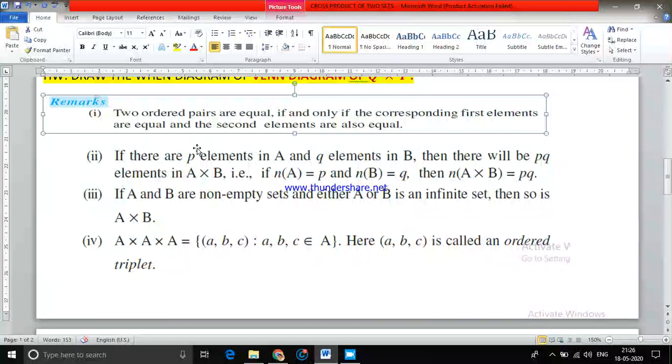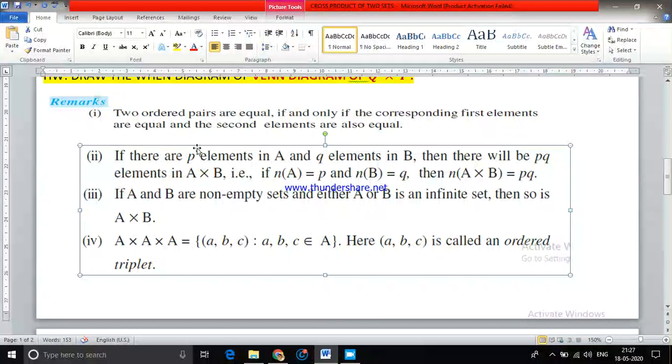Now the second one is regarding the number of elements. If set A has P elements and set B has Q elements, then the set A cross B will have P into Q elements. So here N of A equals P, N of B equals Q, then N of A cross B will have P into Q elements.